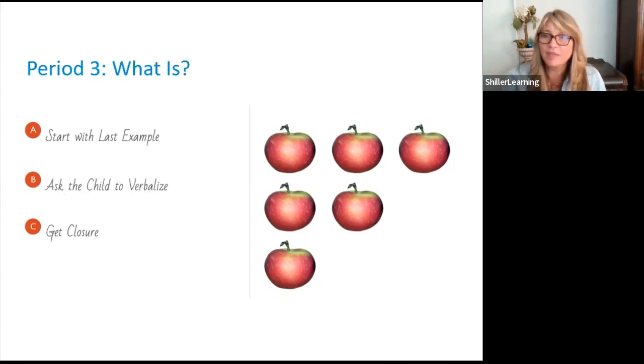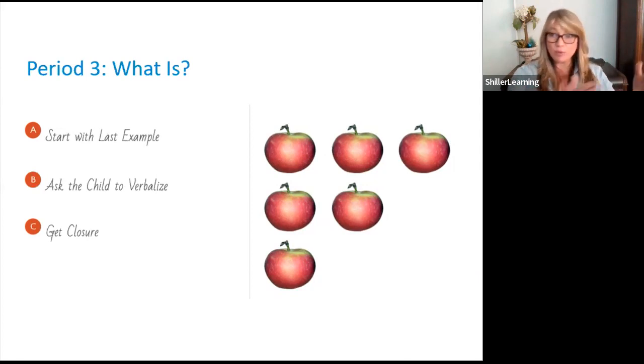Alrighty, the 3rd period is the recall period, and this is when the child will now have the understanding and the vocabulary to be able to verbalize that back to you. Again, whether it's that simple geometric shape or a number or a more advanced concept.